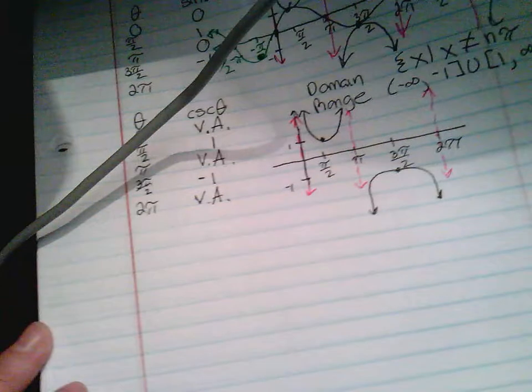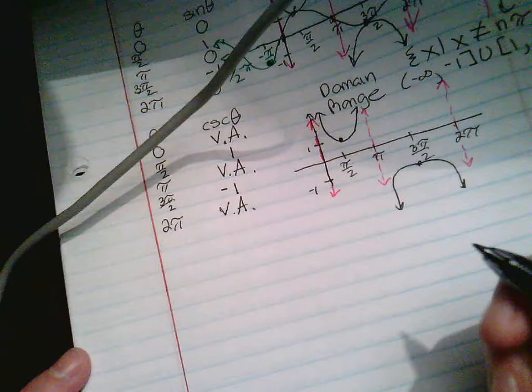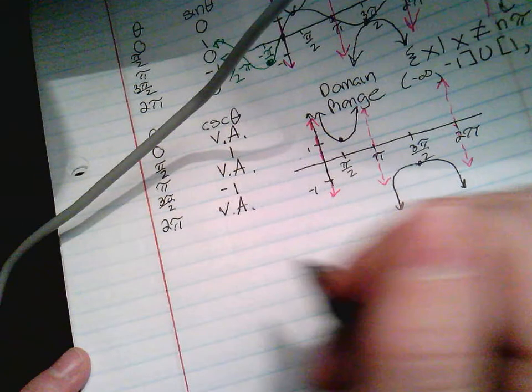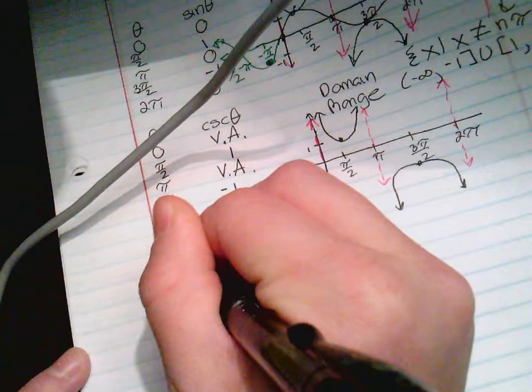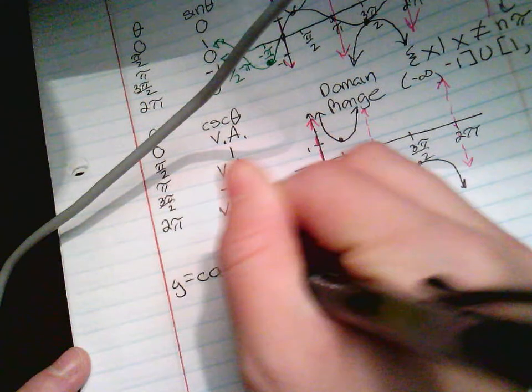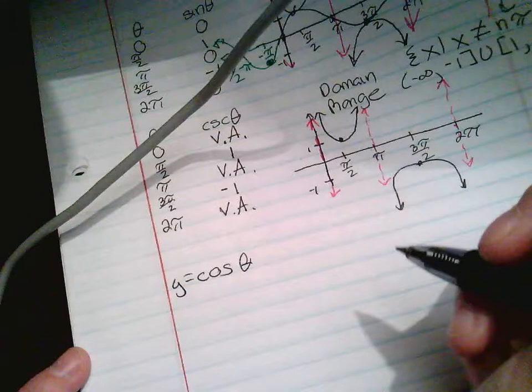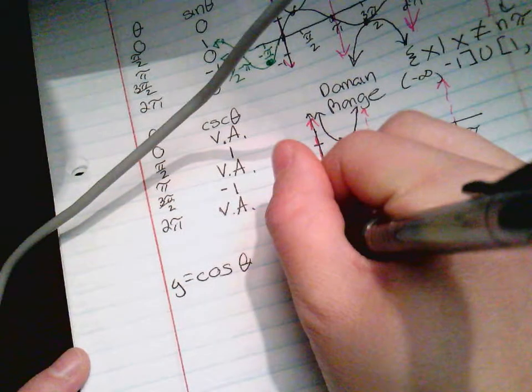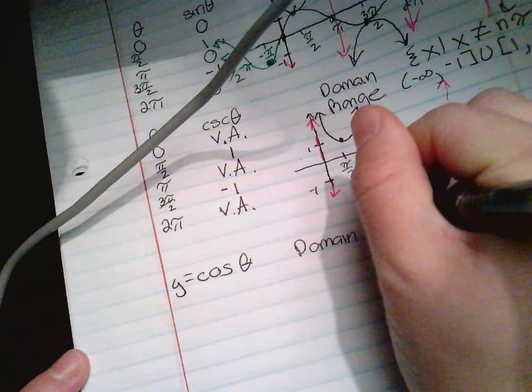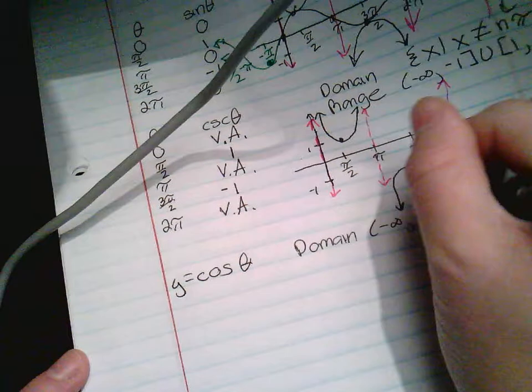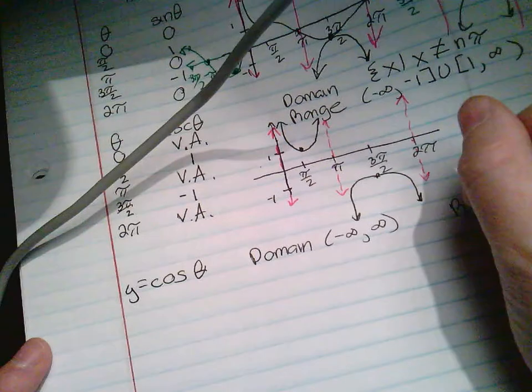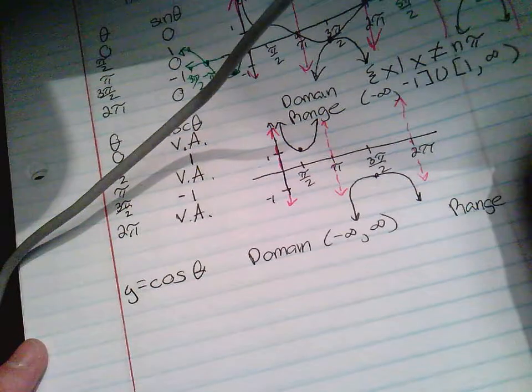So we have y equals cosine of theta. The domain is going to be the same as sine, so negative infinity to positive infinity. The range is going to be also the same as sine, which is going to be negative 1 to 1. Okay.